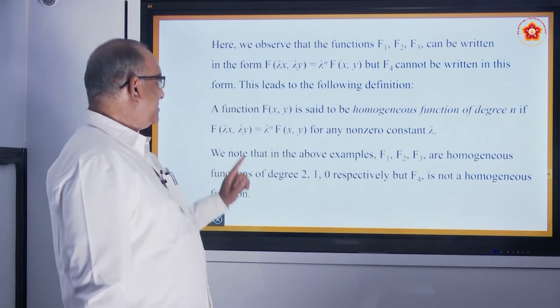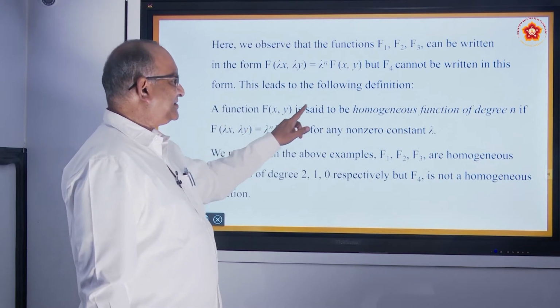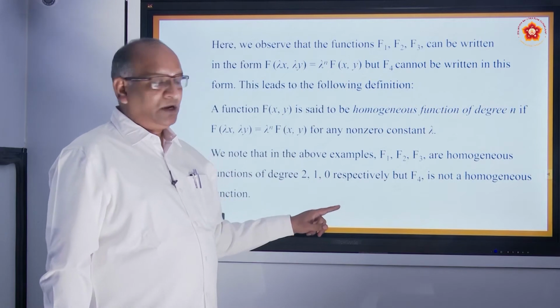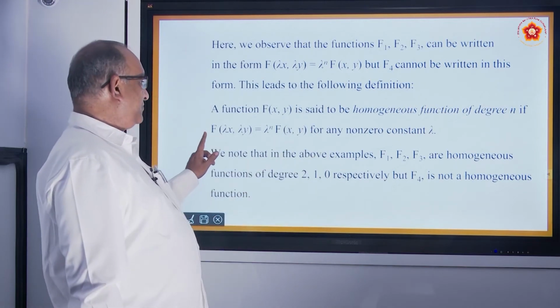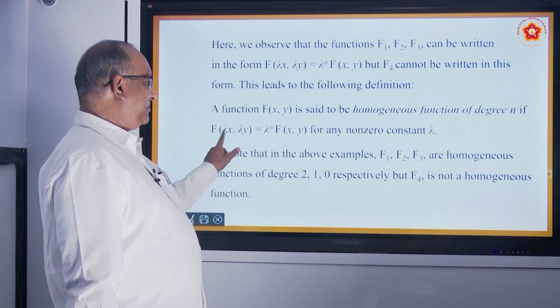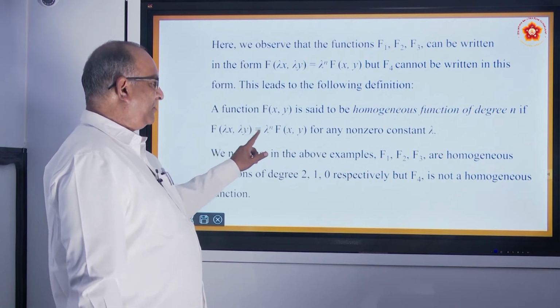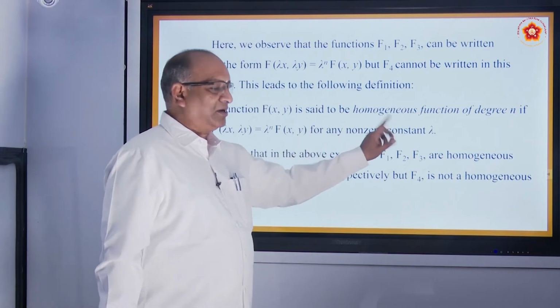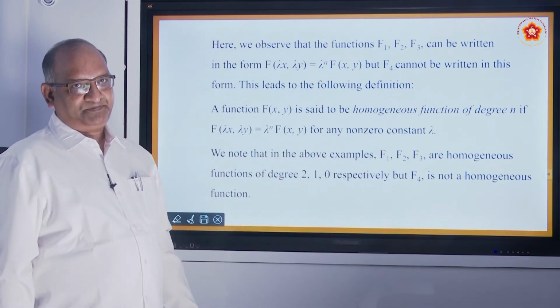What is the definition? A function f of xy is said to be a homogeneous function of degree n if, when x and y are replaced by lambda x and lambda y, f of lambda x, lambda y is equal to lambda to the power n f of xy, for any non-zero constant lambda.